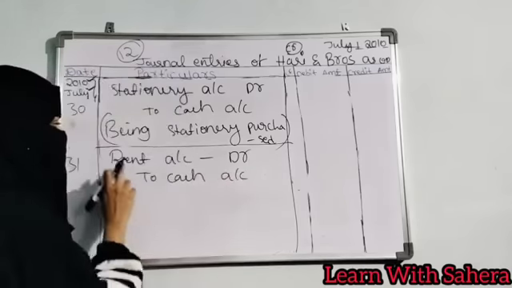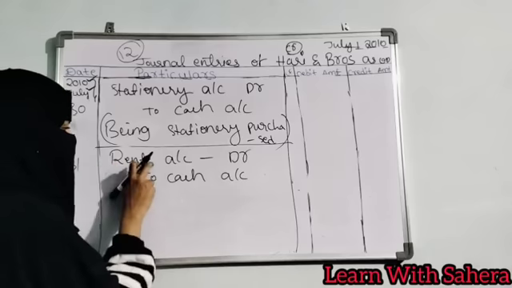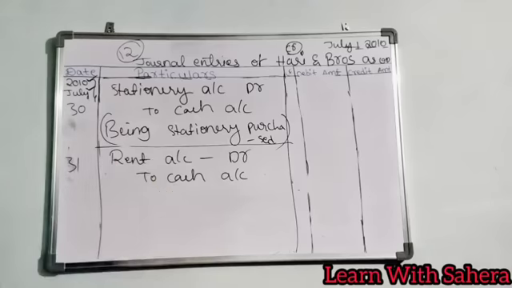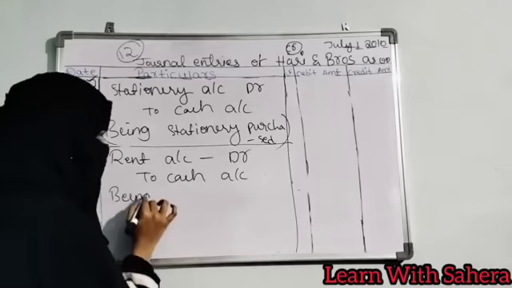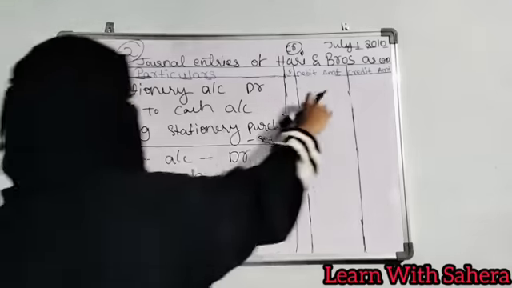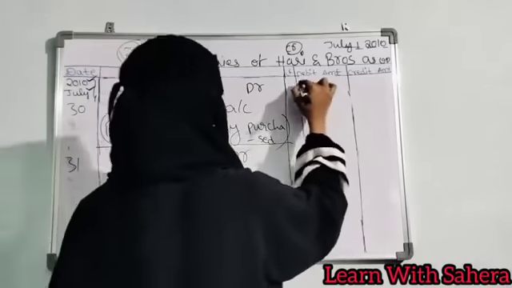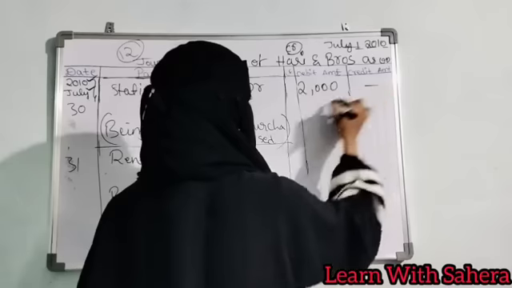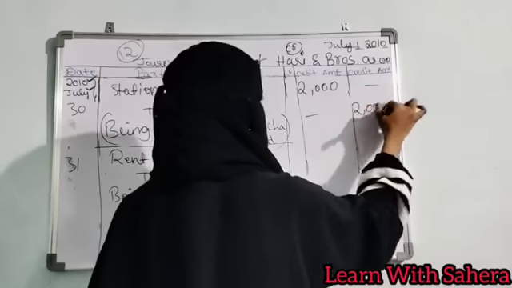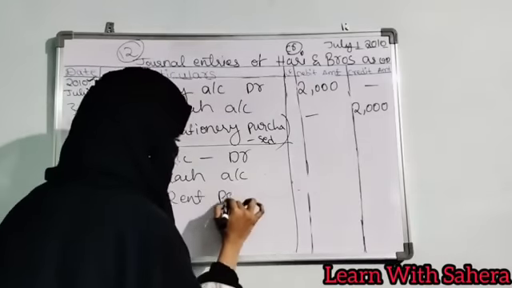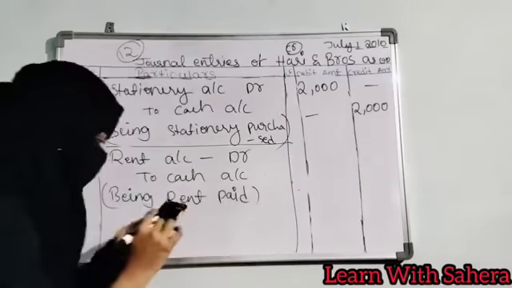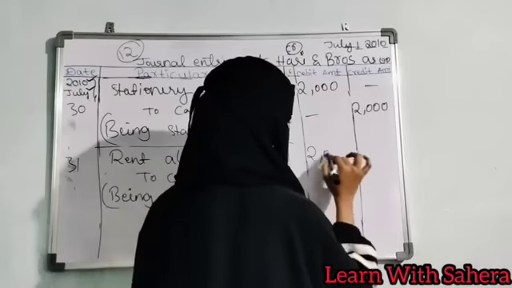All the expenses and losses will come under the debit. So here rent is also debit. We are paying the cash, so cash is credit. Being rent paid. Here we didn't write the amount. What is the amount? 2000.